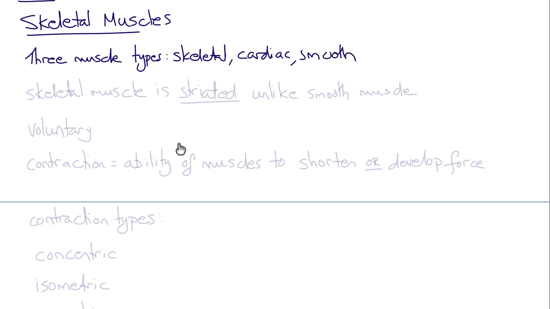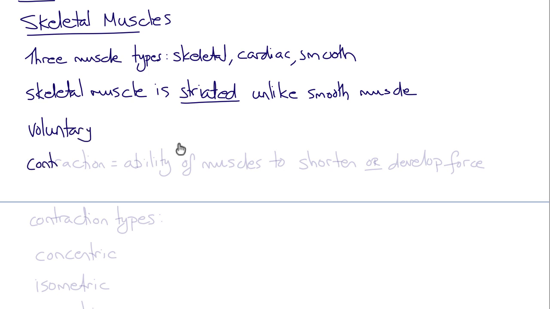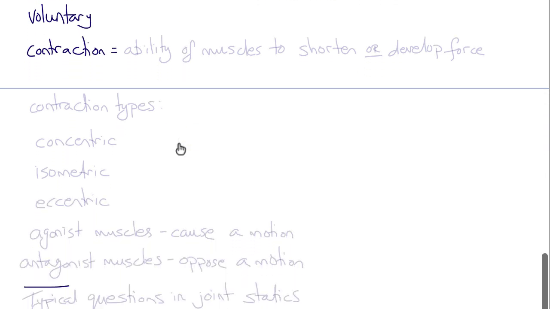Skeletal muscle, like cardiac muscle, is striated, unlike smooth muscle, because of the organized arrangement of contractile proteins in repeating units called sarcomeres inside the cardiac muscle and skeletal muscle cells. Skeletal muscle is voluntary, unlike cardiac or smooth muscle. In muscle, the term contraction refers to the ability of muscles to shorten or to develop force.